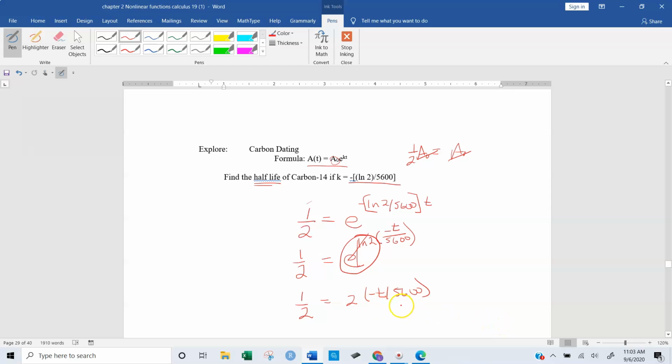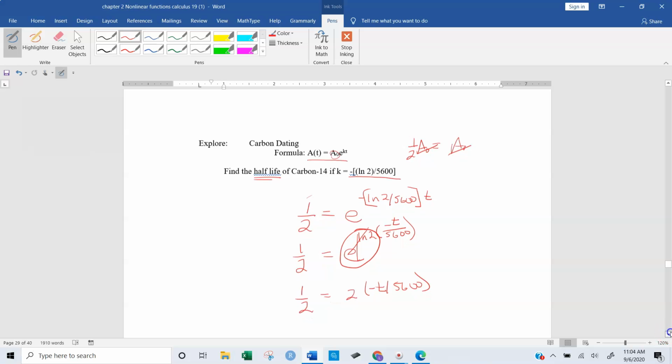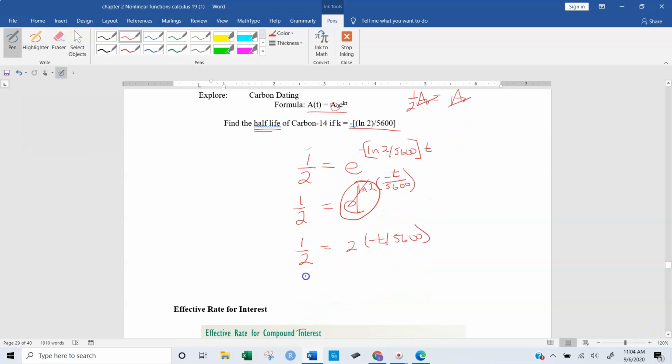Now, I know this 2 right here is technically 2 to the negative 1. All right, we got that so far. So now I know my bases are the same.